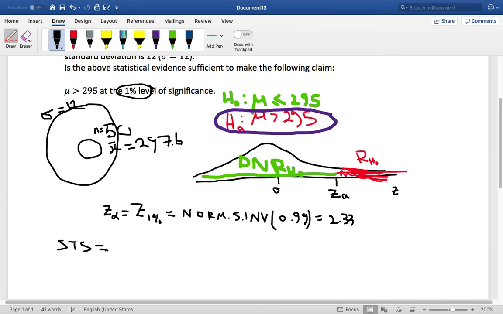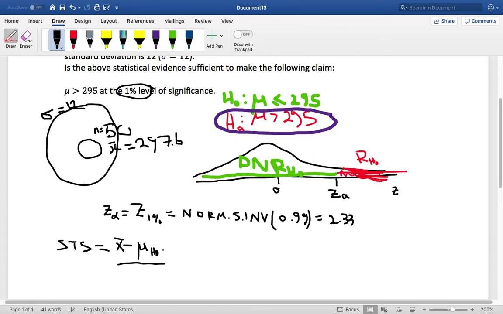But if you remember, the formula for it is going to be x bar minus the mean. That comes from H0. Now, we already have x bar. We know x bar is 297.6. And the mean that comes from the null hypothesis is just whatever value's in there, which is 295.